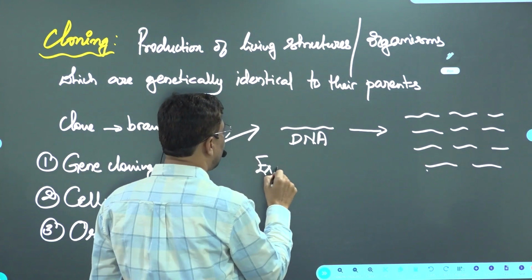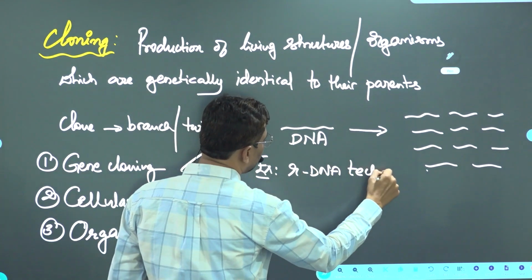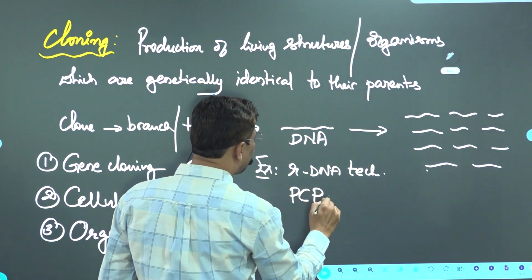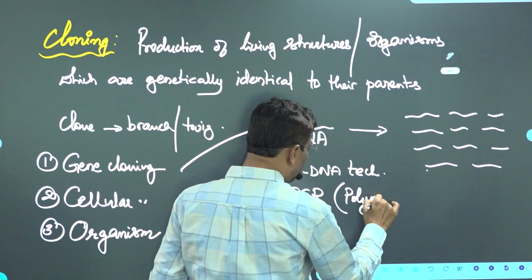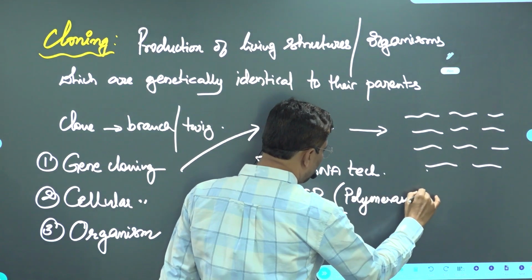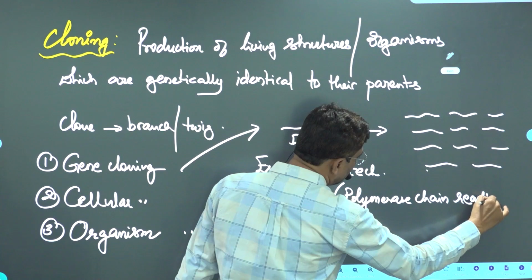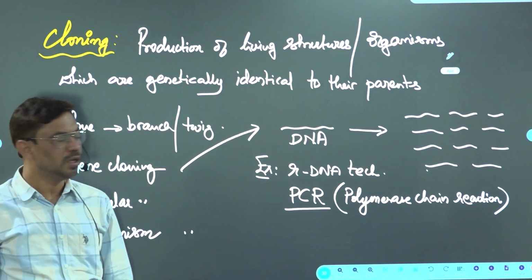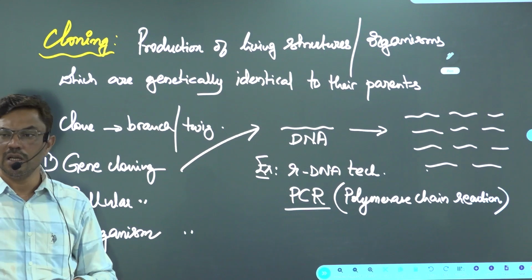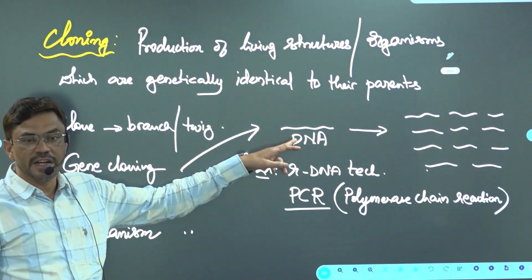For example, by the rDNA technology process, by recombinant DNA technology process, or by the PCR method. PCR means polymerase chain reaction. By the PCR method, or by rDNA technology, we are able to multiply the required DNA, the desired DNA.